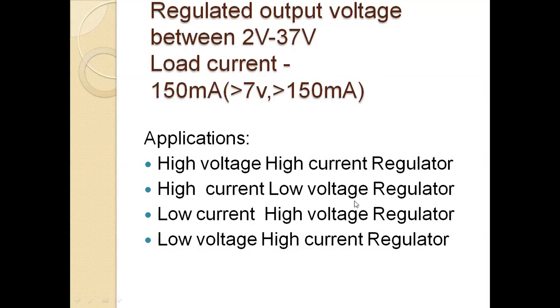Using this IC, we can get a regulated output voltage between 2 to 37 volt and a load current of 150 milliampere.